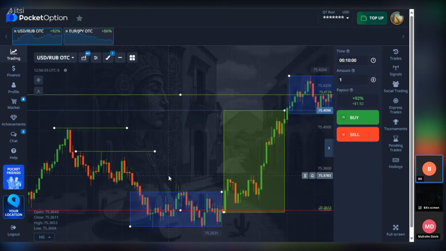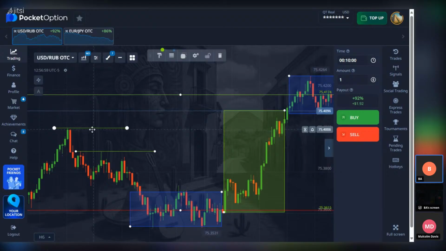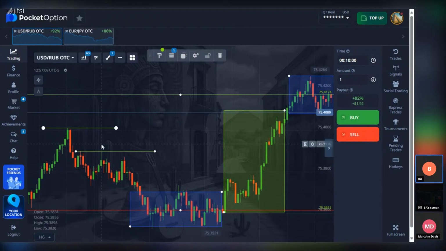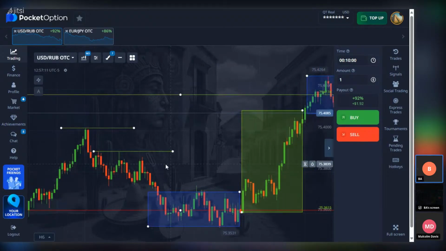Why? Because sellers are selling up here. They put their stop loss above the high. Sellers are selling at this high right here, with their stop loss above this high. You see what I'm saying? Sell, and stop loss above the high.